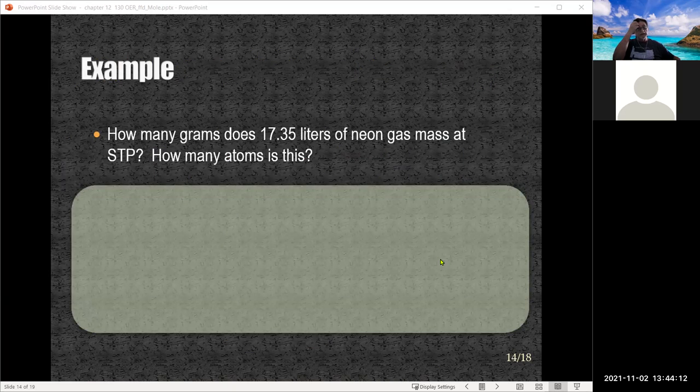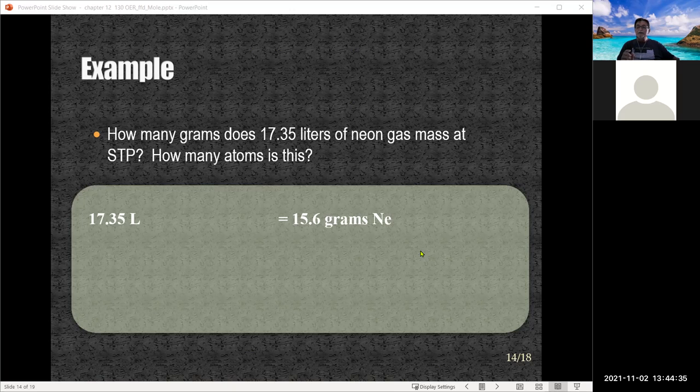So let's do an example here. The question, for example, says, how many grams does 17.35 liters of neon gas mass or weigh at STP? Okay, so we write down what we're given, 17.35 liters, and we're looking for units. I unfortunately gave you the answer there, but the answer should be 15.6.